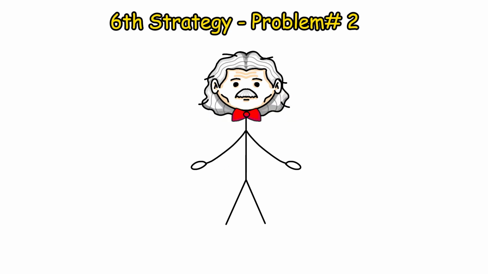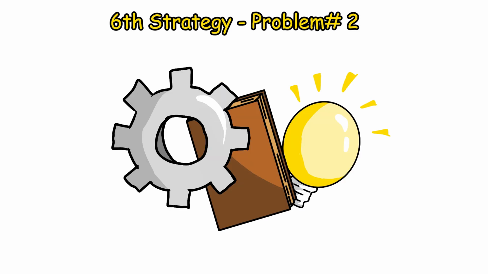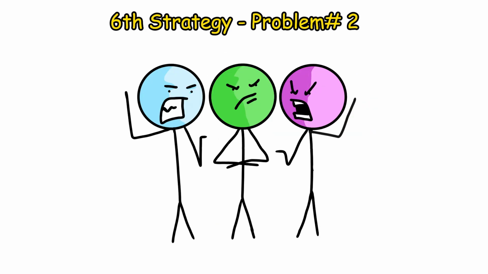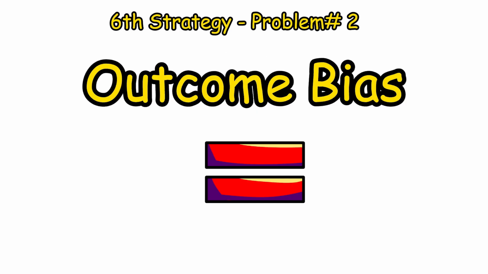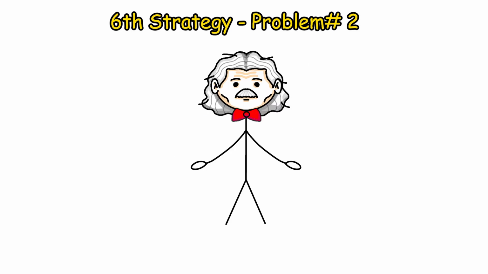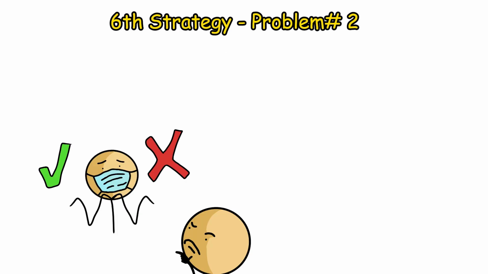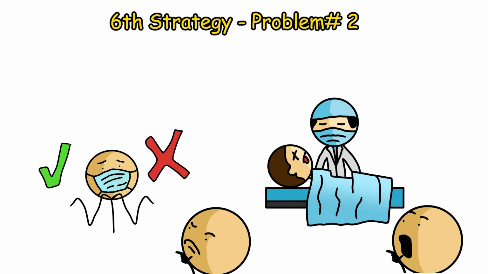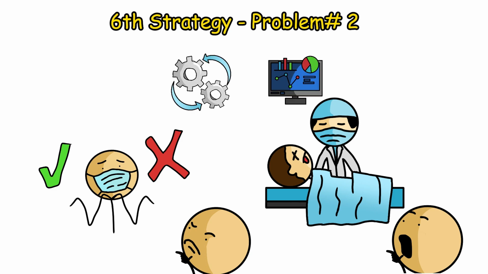Despite the fact that in both cases the doctor made the same decision based on the same information, when the operation failed, participants tended to judge the decision negatively. This was due to outcome bias, which describes the tendency to judge the quality of a decision solely based on the final result rather than on the processes and information available at the time the decision was made.